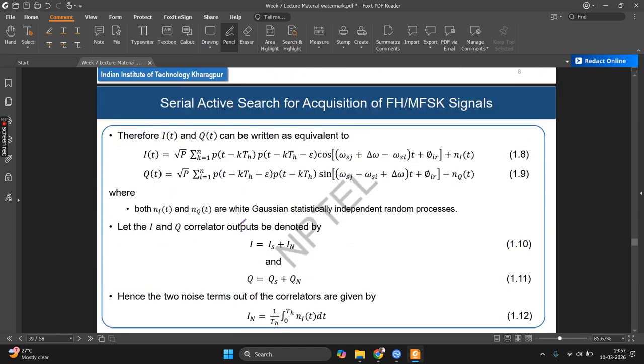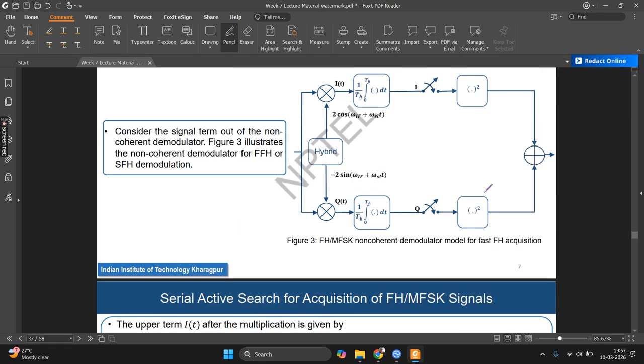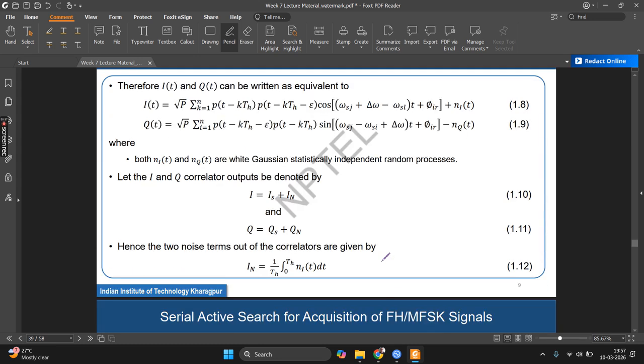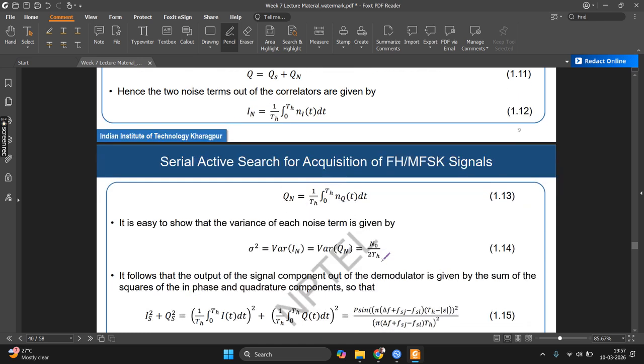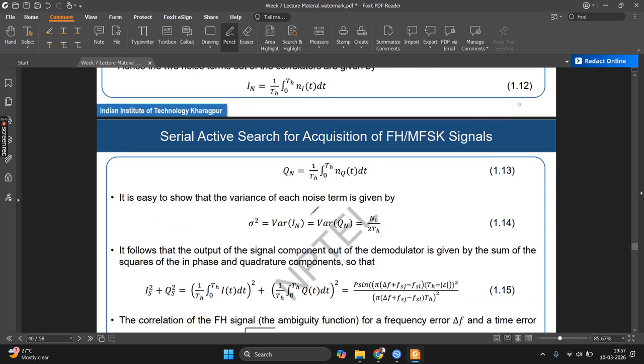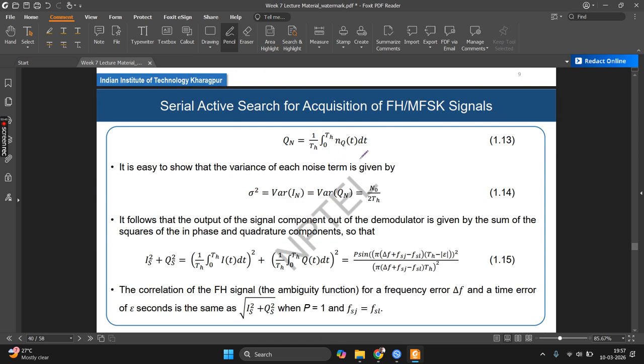Since the demodulator now has a square law detector, whatever I you are getting and whatever Q you are getting, you will do I square plus Q square. The noise and the signal both will have I square plus Q square. The noise I square plus Q square you can do like this, and for the signal also you have to do I square plus Q square. So the signal I square plus Q square is given like this.